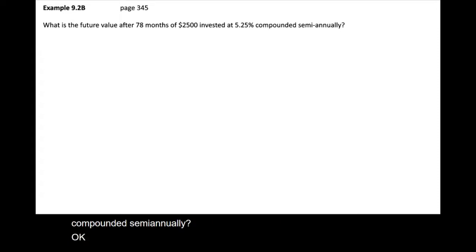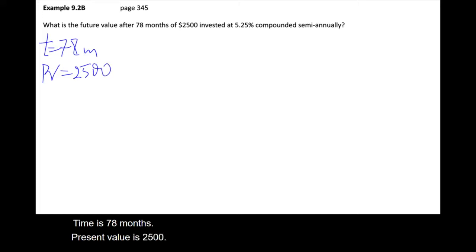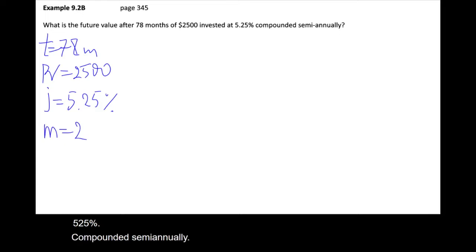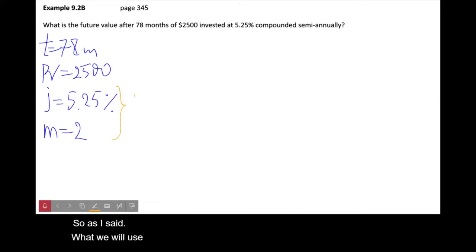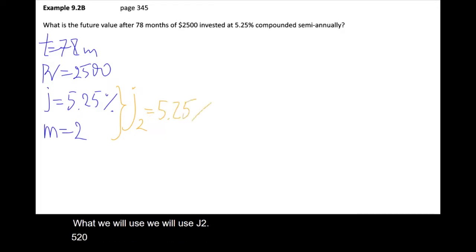So what is the future value after 78 months of 2,500 invested at 5.25% compounded semi-annually? Present value is 2,500. Invested J2 at 5.25%, where this number 2 tells me how many times I compound.